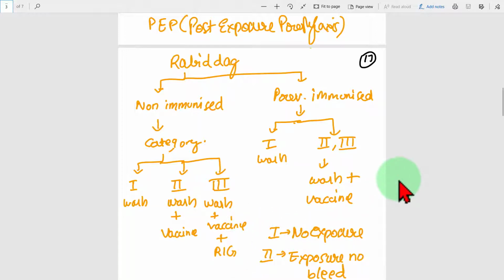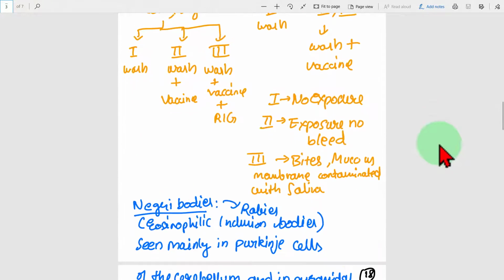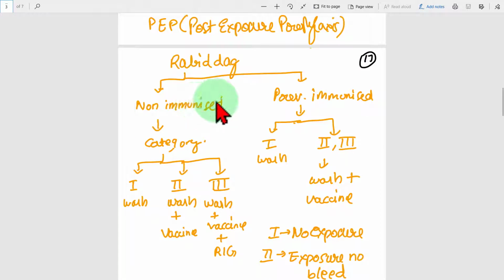Now looking at what these 1, 2, 3 are exactly: 1 is no exposure, 2 is exposure but no bleed, and in category 3, there is a bite and the mucous membrane is contaminated with saliva.